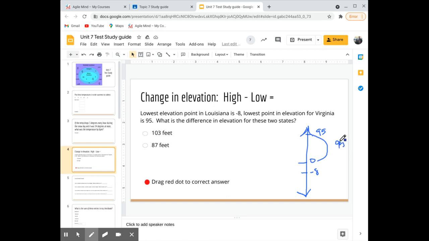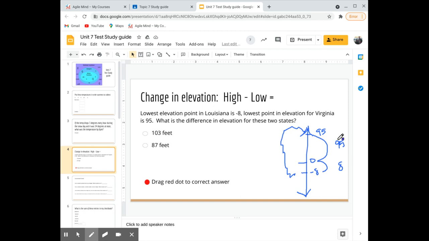How many units, Deonti, is it from 0 to -8? -8. All right. Remember, units are just distance, so it wouldn't be negative. It'd just be what? 8. Correct.